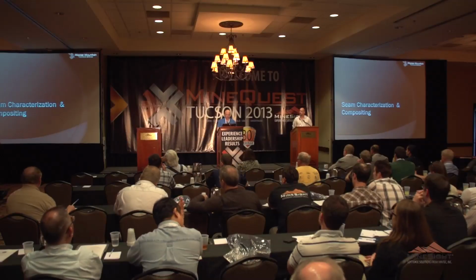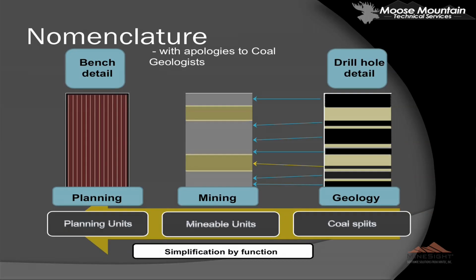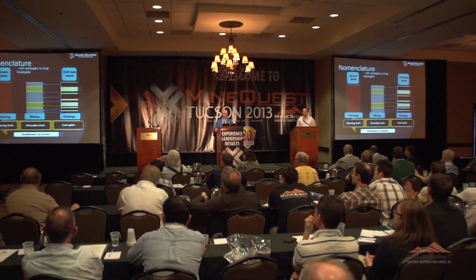Okay, so to start off, a little bit of nomenclature on complex coal, with apologies to you geologists. I just want to introduce a couple of terms and concepts so you understand what we're doing with our characterization and compositing routines.